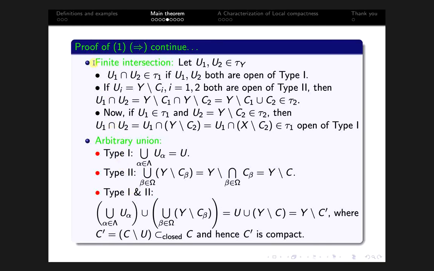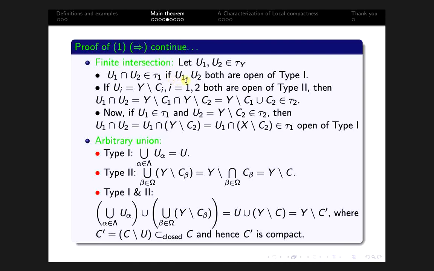The second condition is we have to show that tau Y is closed under finite intersection. Basically, we have to show that for U1 and U2 in tau Y, we have to show that U1 intersection with U2 is in tau Y. Now there are three cases.